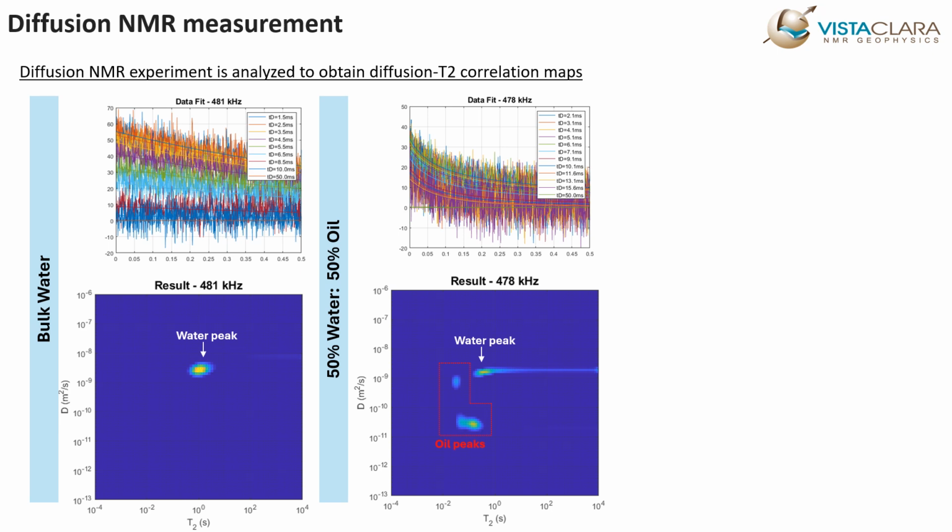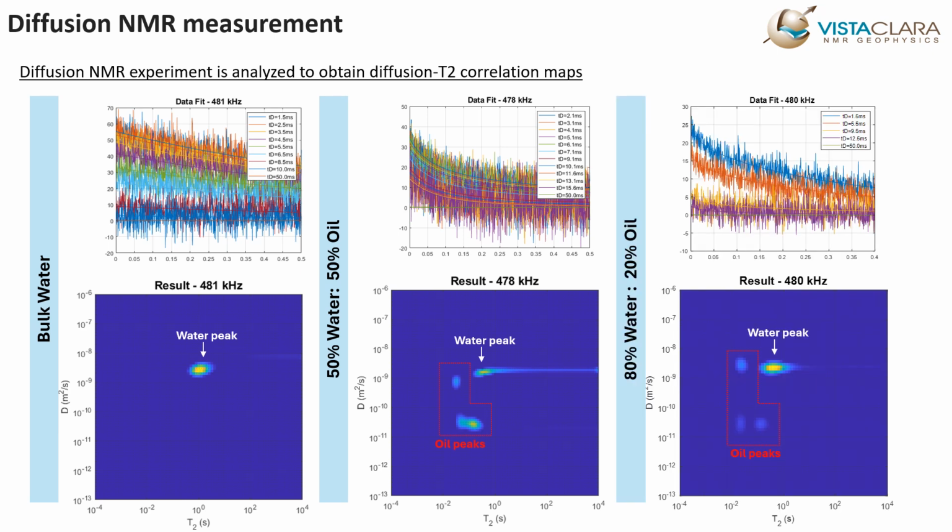When we analyze that experiment, we can see that in addition to the water peak, which appears at the same location and has the same diffusion coefficient of about 2 micrometers squared per millisecond, we start seeing additional peaks, which are oil peaks, and these peaks have a smaller diffusion coefficient compared to that of water. However, some of them have very similar T2 relaxation to that of water. Therefore, if we were using the standard CPMG pulse sequence to differentiate between different fluid types, we couldn't reliably do that in this case.